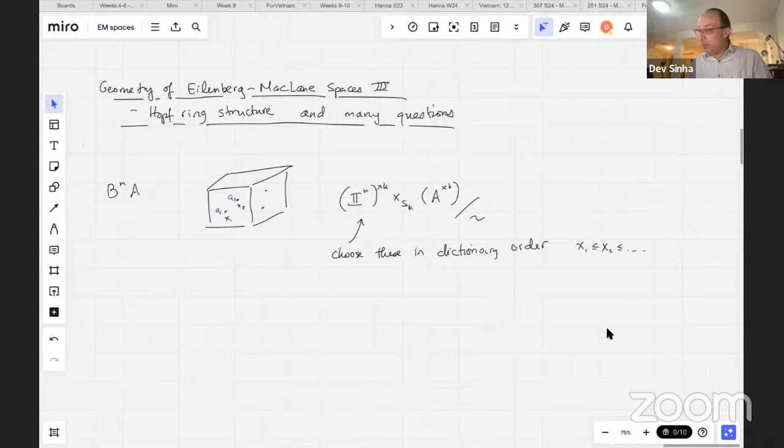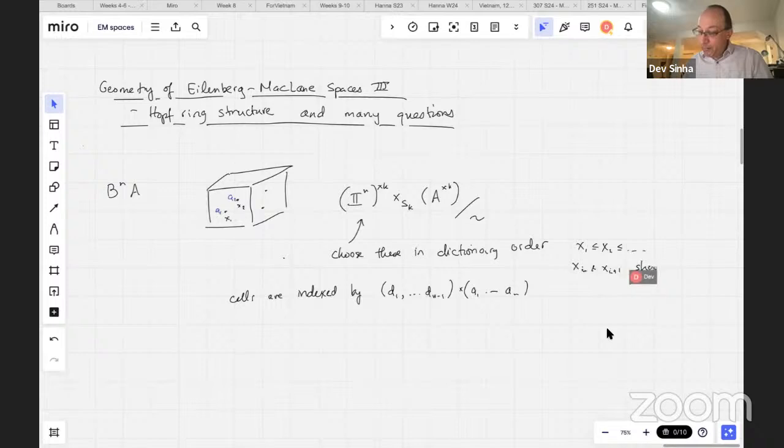They're governed by the combinatorics that I'm going to share now, which is that cells are indexed by an n-1 tuple, namely, where x_i and x_{i+1} share their first d_i coordinates.